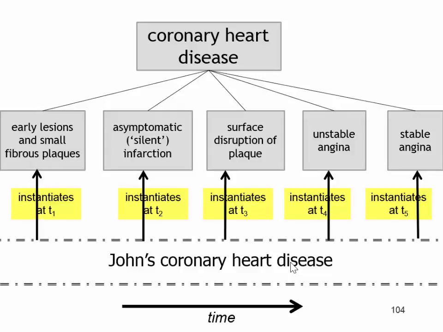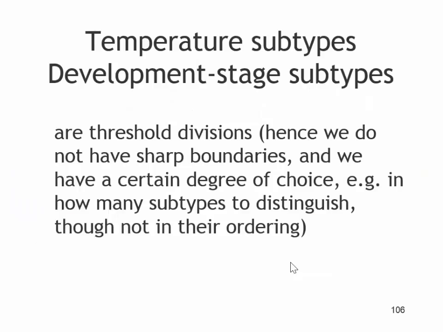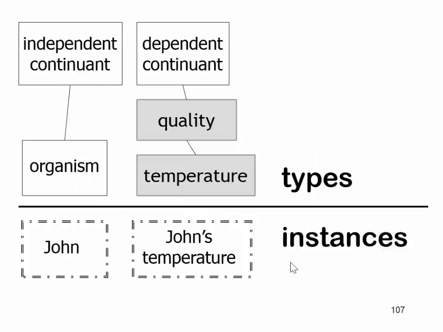So this is how we represent temperature. John is an organism. John's temperature is an instance of temperature. These are the universals, and these are the instances. And there is the course of John's temperature changes, so the life of John's temperature, if you like, through time, which is dependent upon John's temperature, which is a quality of John, the organism.